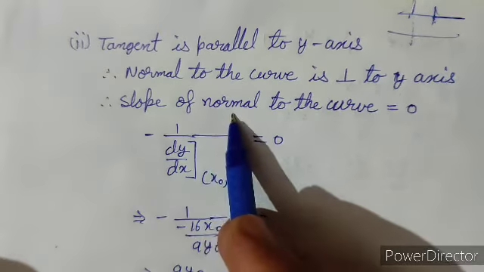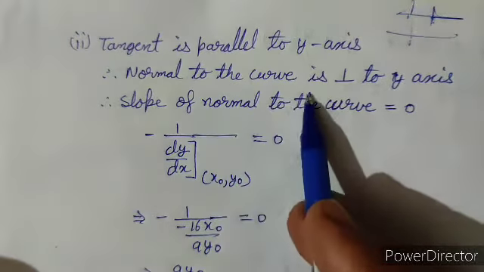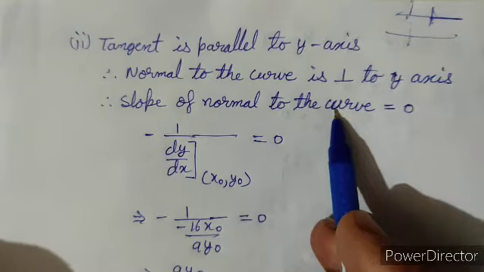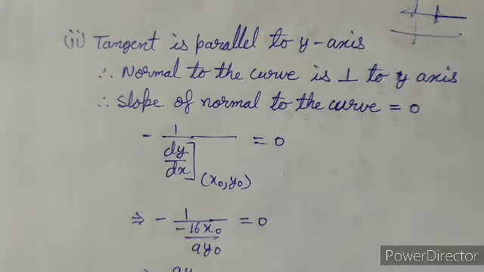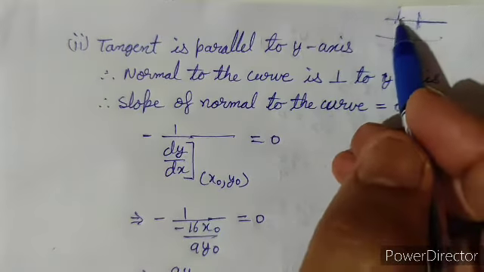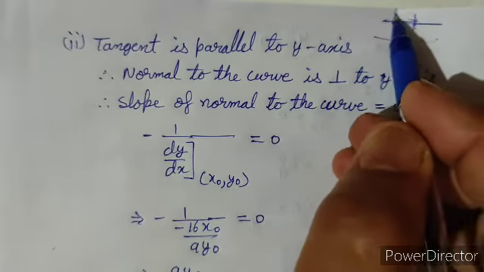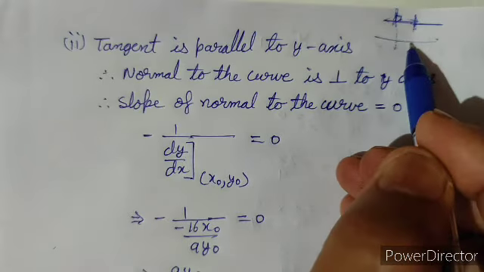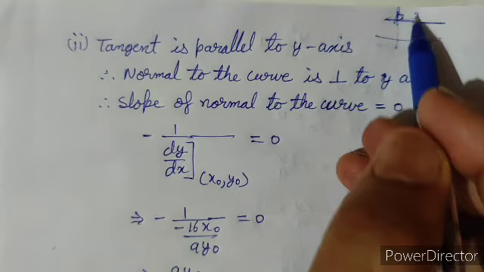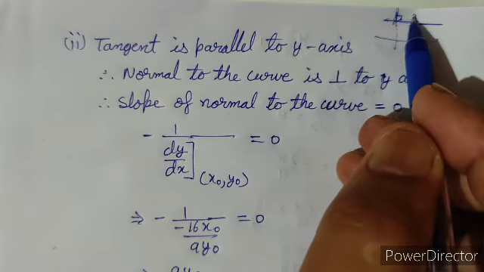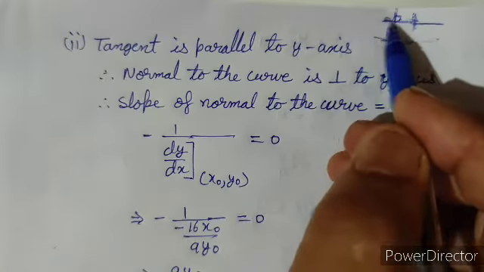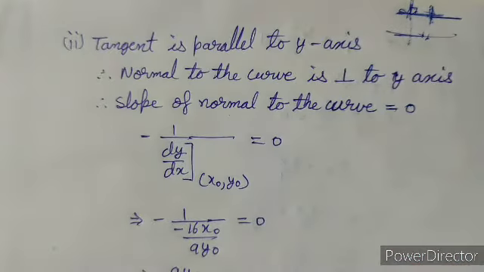So the slope of the normal to the curve will be equal to 0, as the line perpendicular to the y-axis will be parallel to the x-axis, and the slope of a line parallel to the x-axis is equal to 0.